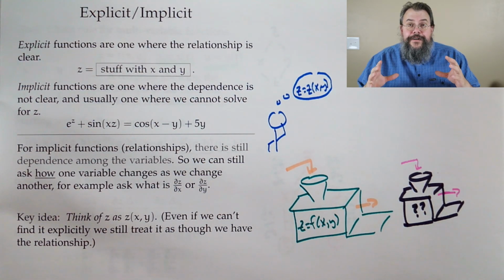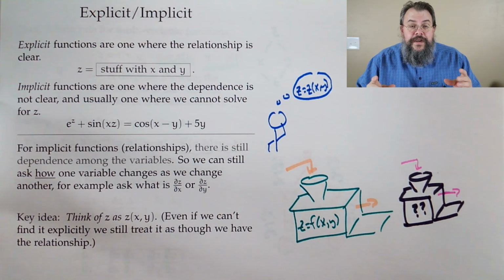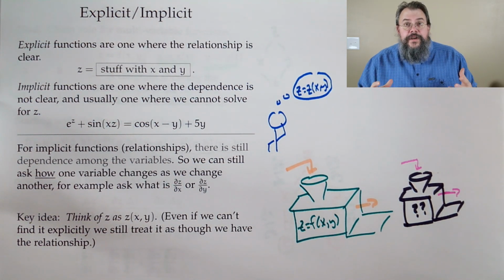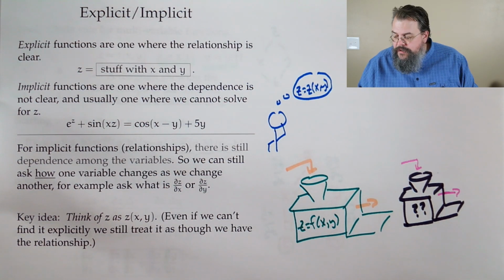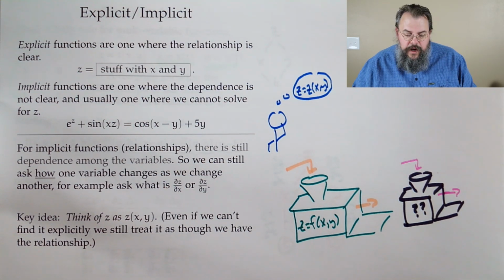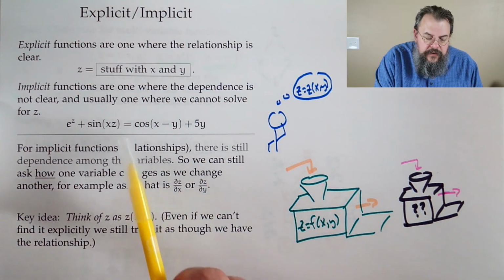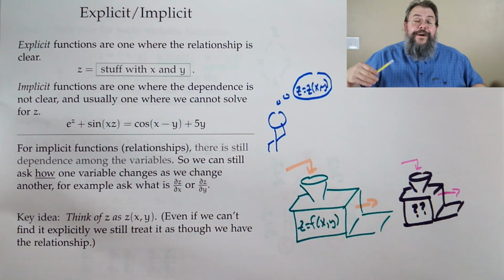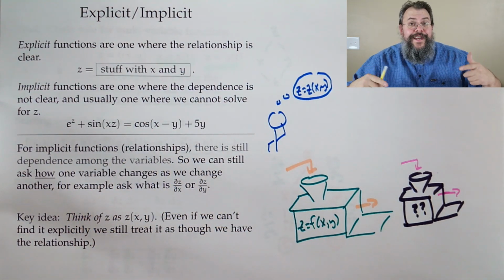And now we're ready to go. Because what can we do? Well, if we do think of z as a function of x and y, what we have is that both sides are expressions ultimately depending only on x and y.